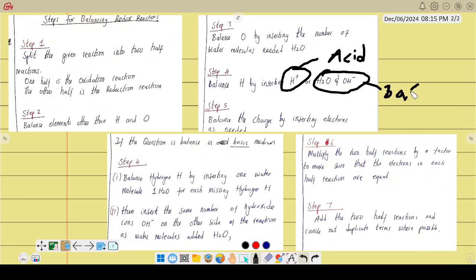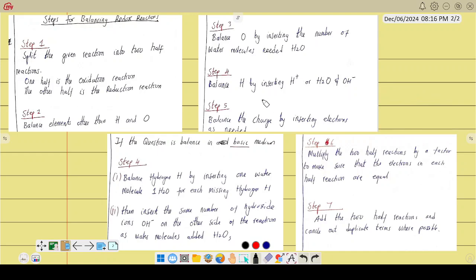So these are used when the reaction is in basic medium. Okay, so that's step 4. So I think these steps are very easy. You can be able to remember them. Balance anything other than these two, and then later on, that's when you balance them.